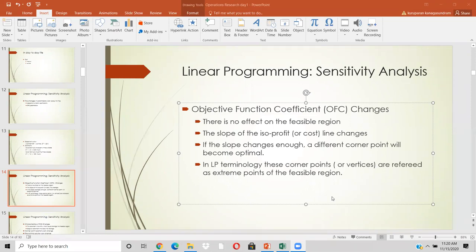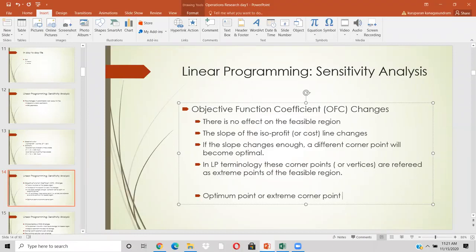Okay. In sensitivity analysis, we will check the optimum point, the extreme corner point, which gives the optimum solution, to be fixed.